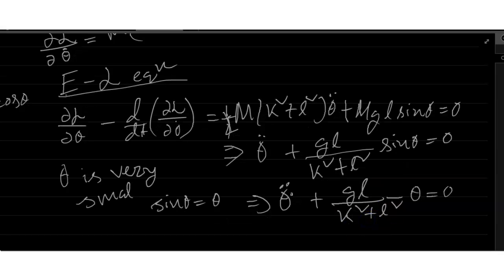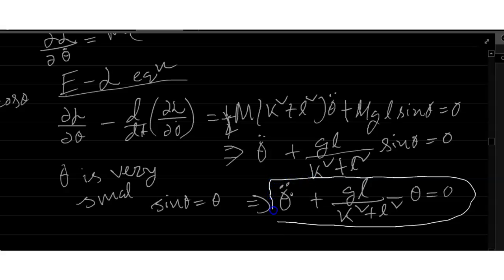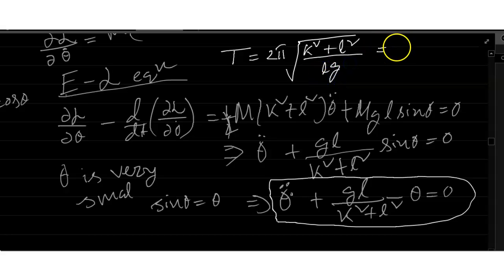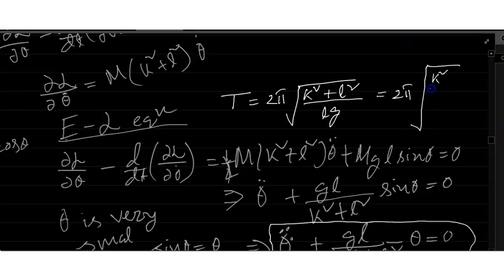So friends, we get the equation theta double dot plus gL by (K square plus L square) theta equals 0. The time period T equals 2 pi root over (K square plus L square) divided by Lg, which equals 2 pi root over (K square by L plus L) divided by g.